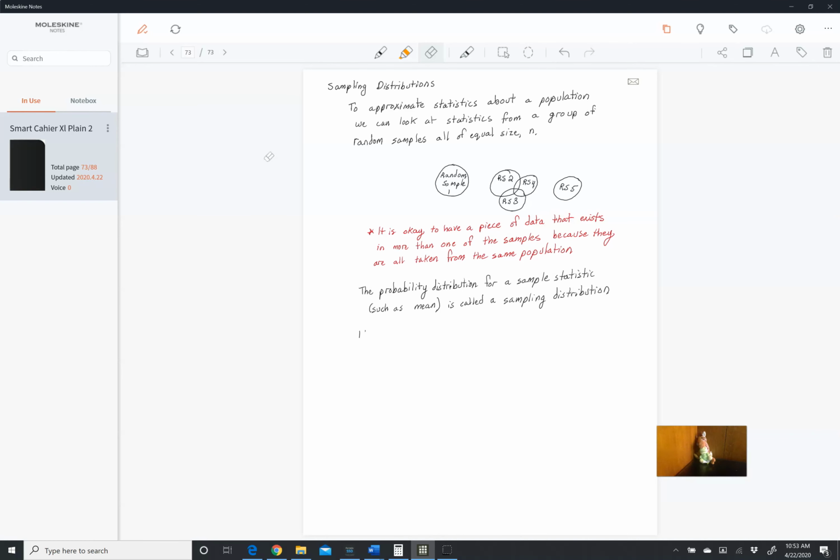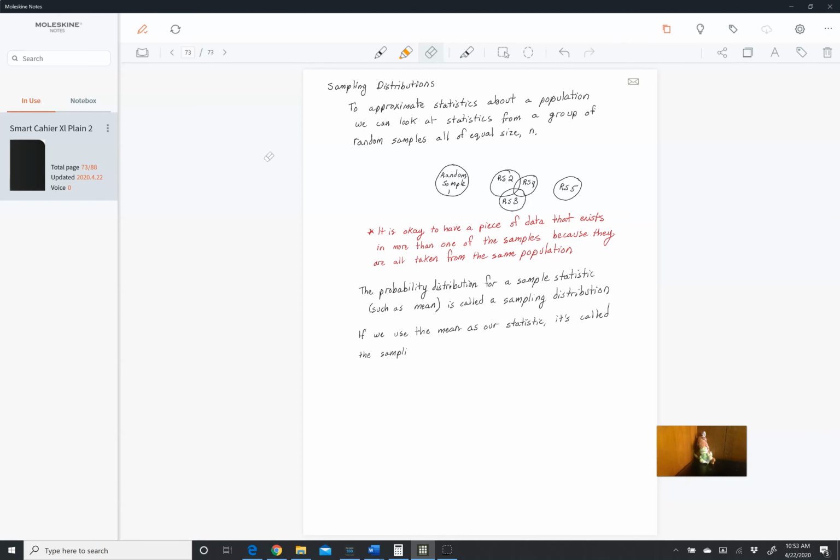So if we use the mean as our statistic, it's called the sampling distribution of sample means.